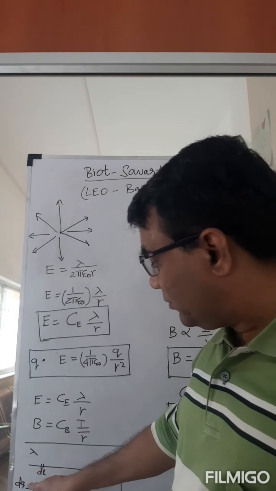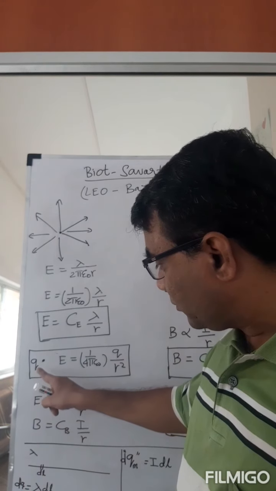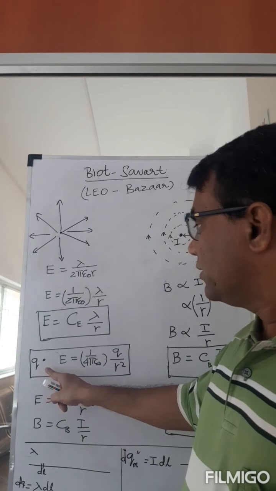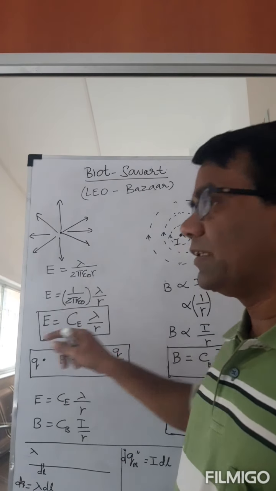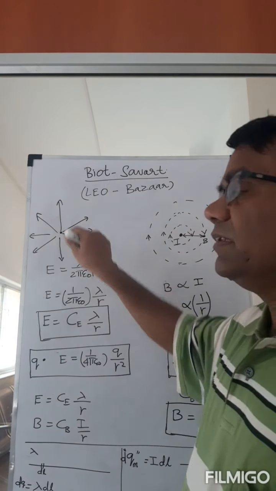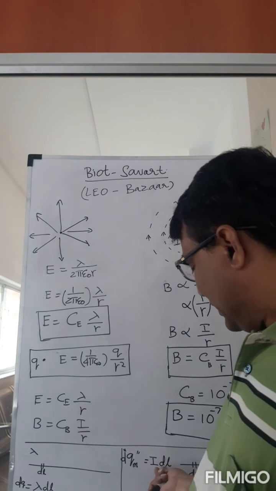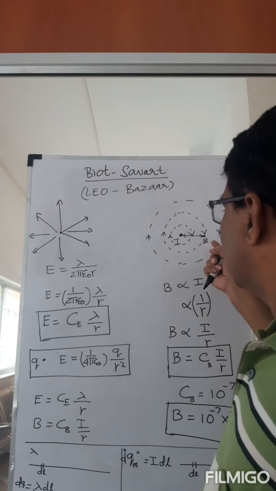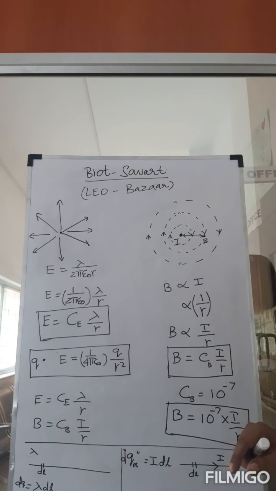Because electric monopoles produce this kind of a field when arranged in an infinitely long line, likewise this magnetic monopole should produce this B if it is on an infinitely long wire.